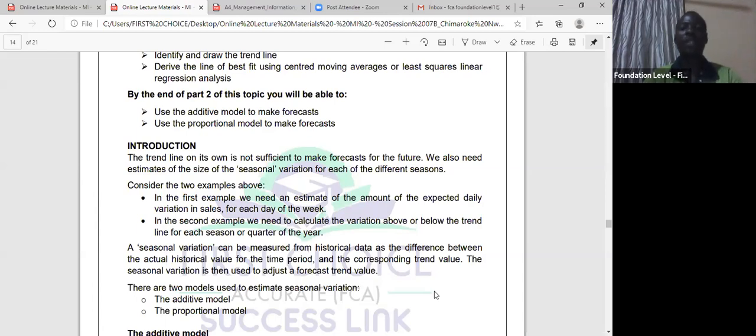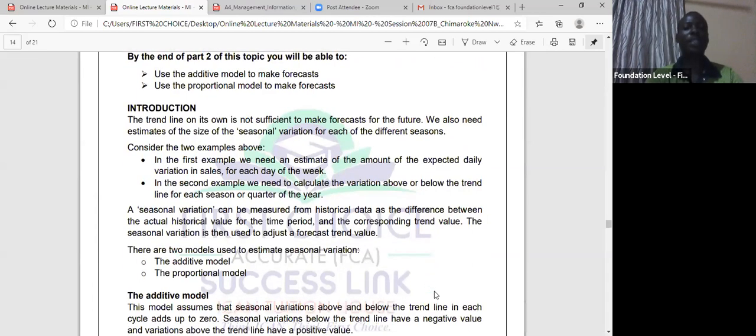So you see, whether we are using odd number or even number, once you've gotten your trend line, the next thing you should do is seasonal variation. So I will give you something that will help you to remember that once you do your trend, you do your seasonal variation. Now, a seasonal variation can be measured from historical data. What is the historical data? That's your actual sales figures that were given to you, week 1 to week 3, or quarter 1, or year 1 to year 3.